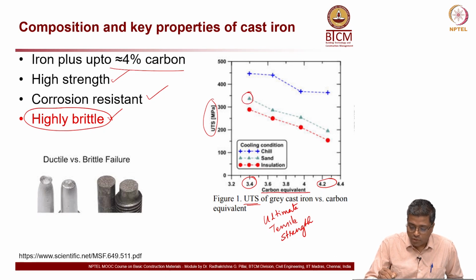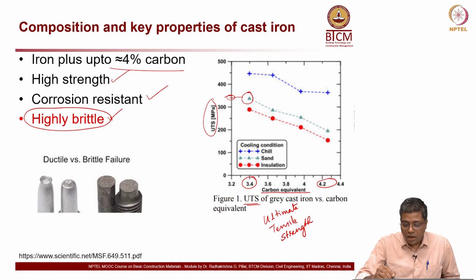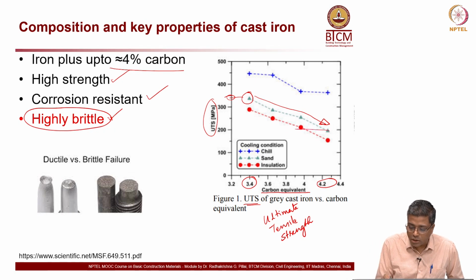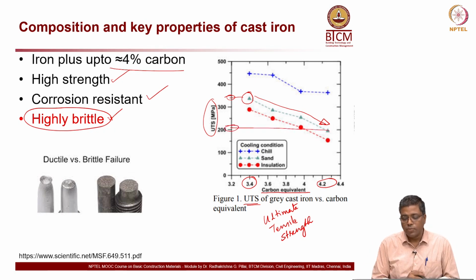At 3.4% carbon, the strength is about let us say 350, and when it reaches about 4.2, the strength decreases to about 200. You can say this is about 200, right?